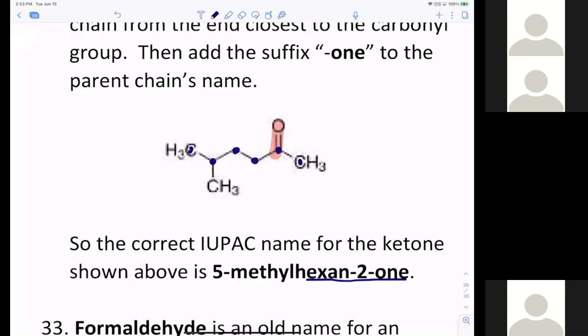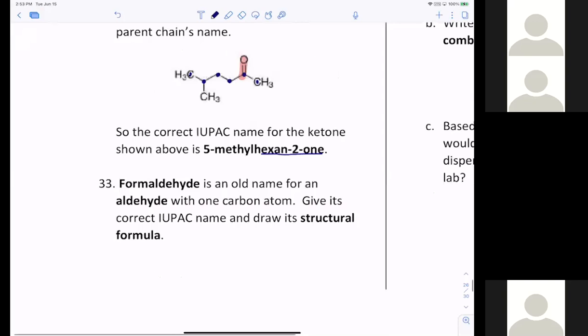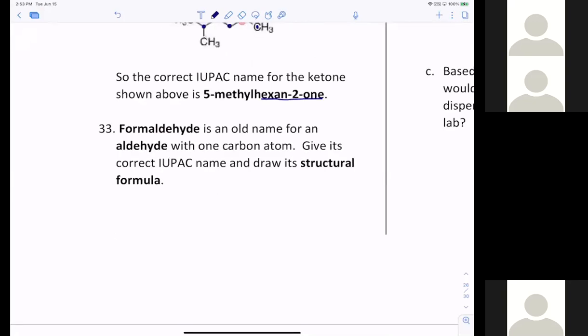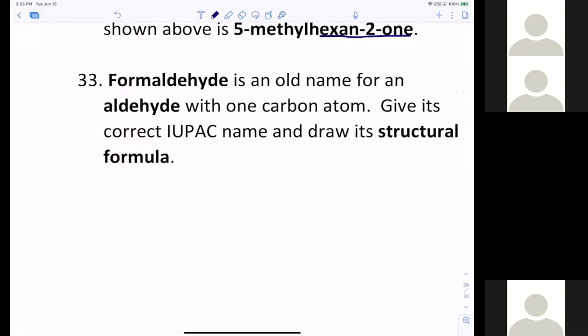All right, well then, let's try a couple of simple examples. The prefix form, F-O-R-M, it's an old name. It used to mean 1 carbon. I don't know if you remember formic acid we talked about yesterday, the fire ants spraying it out of their butt. That was the same as methanoic acid, formic acid. Formaldehyde is an aldehyde, as the name suggests, with 1 carbon. That's what form means.